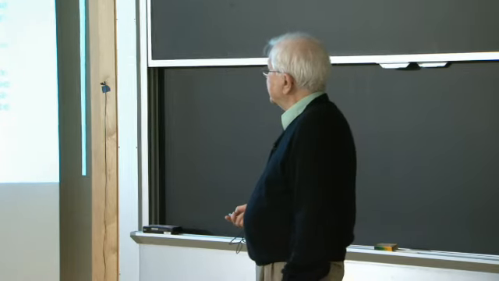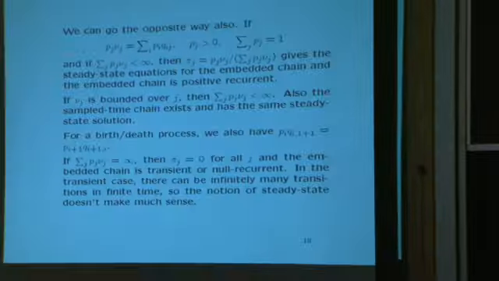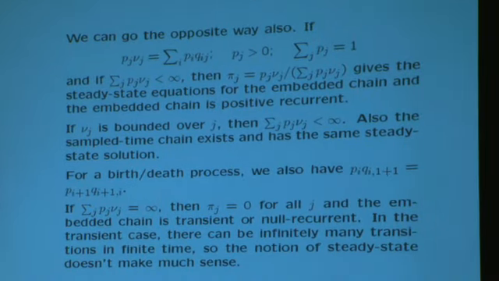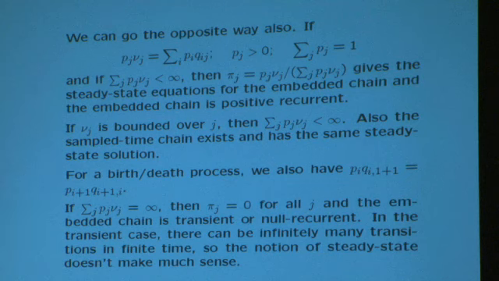This situation is one where, as far as the embedded chain is concerned, it thinks it's transient. As far as the process is concerned, the process thinks it's just fine, but then you look at the process and find out that an infinite number of transitions are taking place in a finite time.